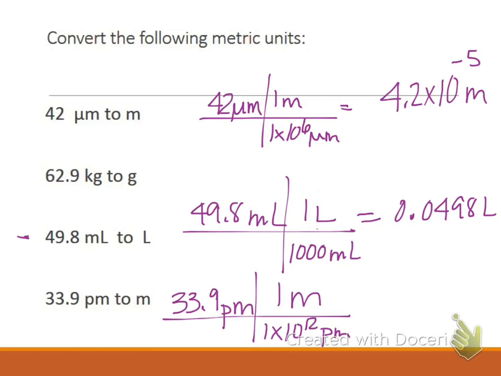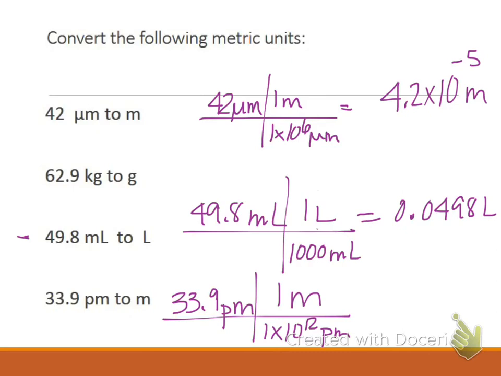I do it opposite. I keep them as a positive. So you can say 1 meter is equal to 1 times 10 to the 12 picometers. Because it takes a lot of picometers, a trillion of them, to equal 1 meter. It is a lot because they're teeny, teeny, tiny. It's too small to see, obviously.